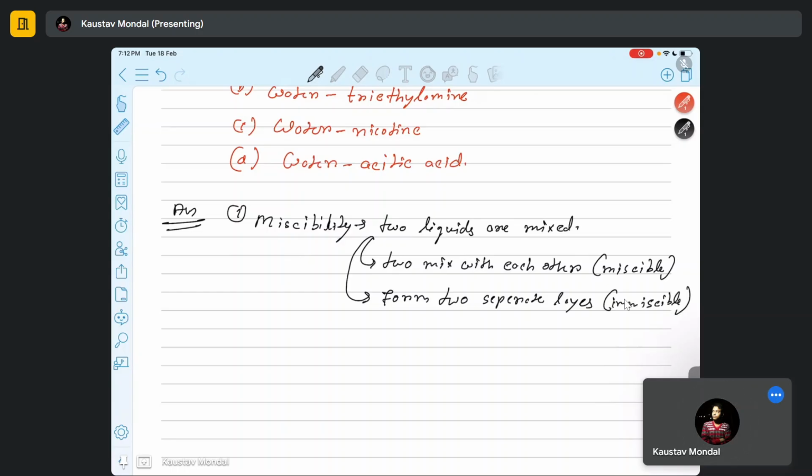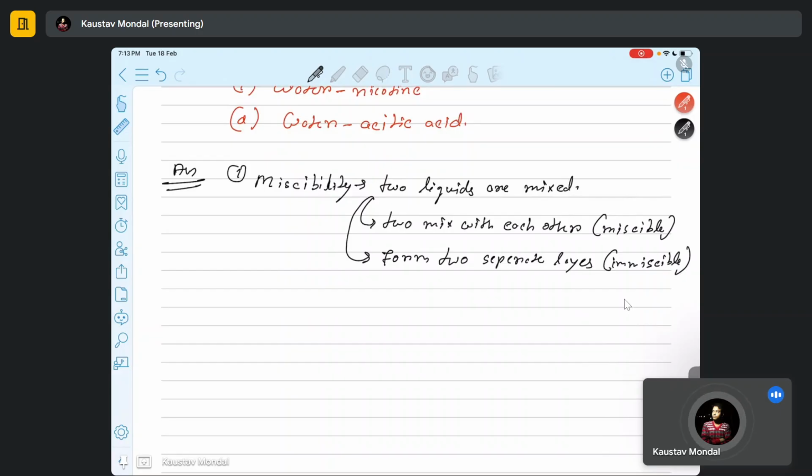This also depends on the temperature, so this is for a fixed temperature. We are considering two separate cases: when two liquids mix completely, they are miscible; if they do not mix, they are immiscible.